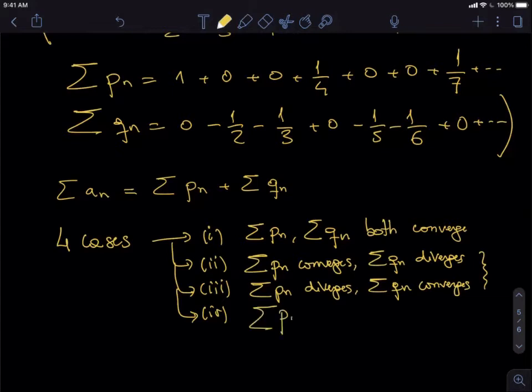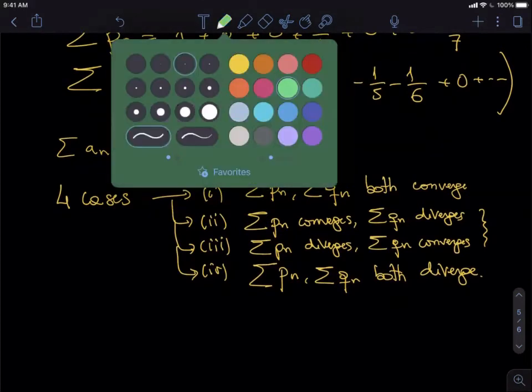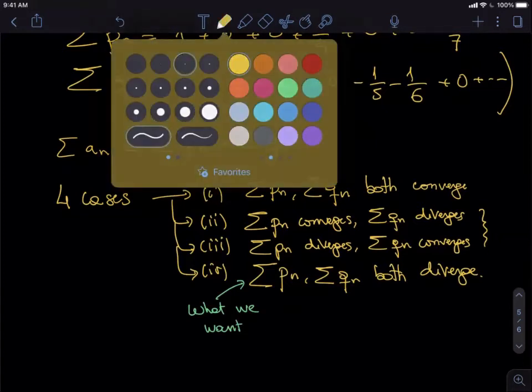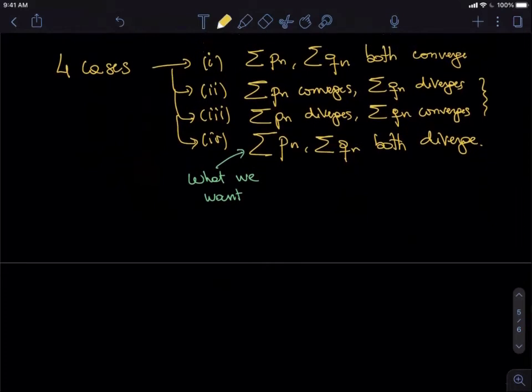And then the last one is that both of them diverge, which is what we want to prove. So here, let's note this is what we want. Therefore, the cases 1 through 3, those cannot be.